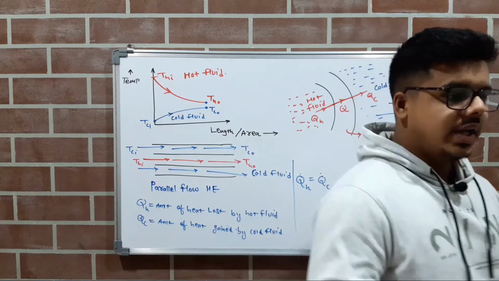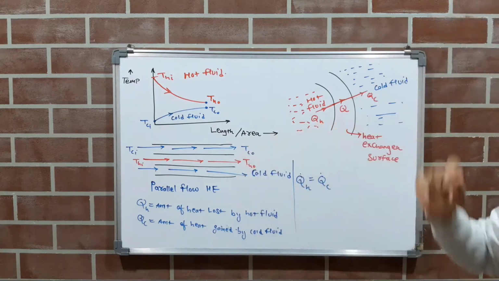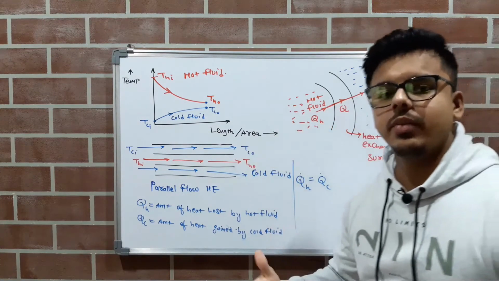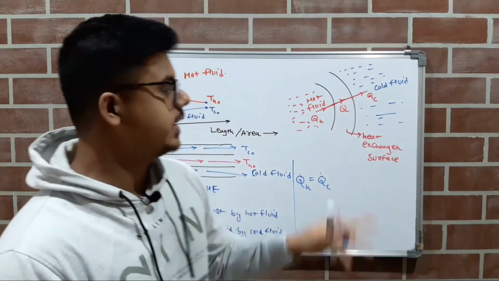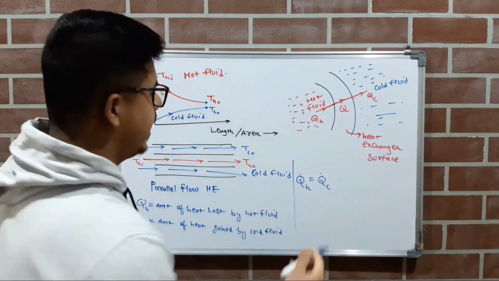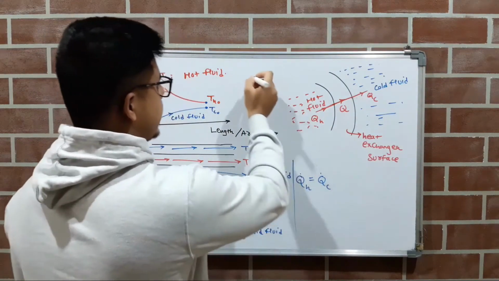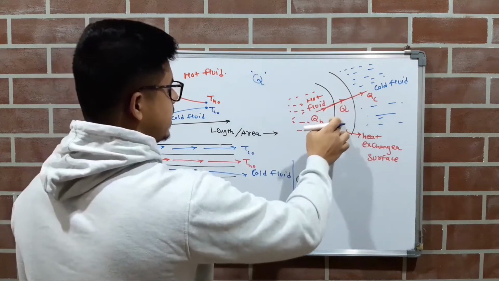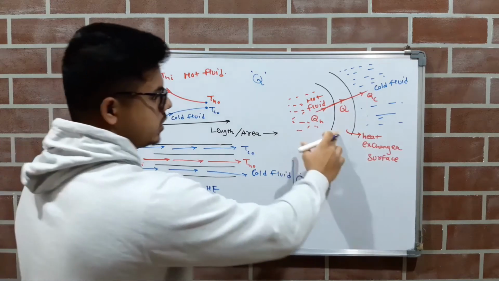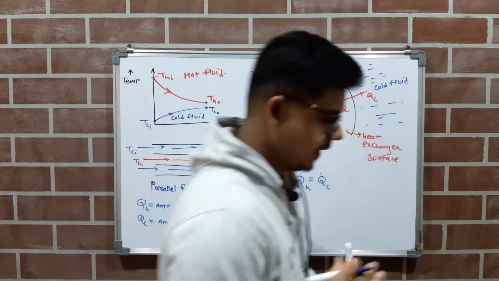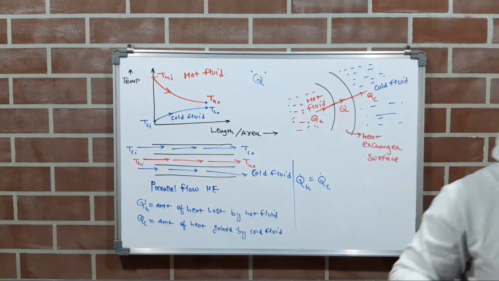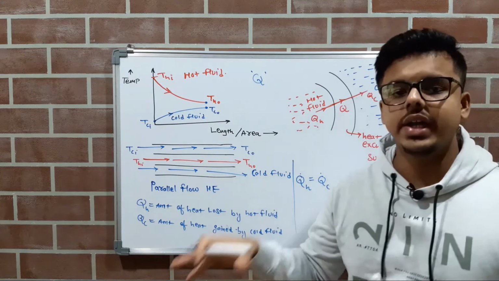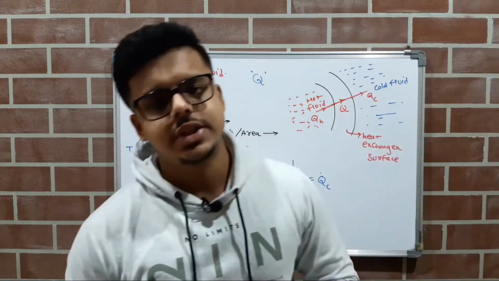There will be some rate at which the heat is traveling through this surface, and we will consider that rate as Q. This surface is also known as the heat exchanger surface, and in order to reach the cold fluid, the heat has to travel through it.